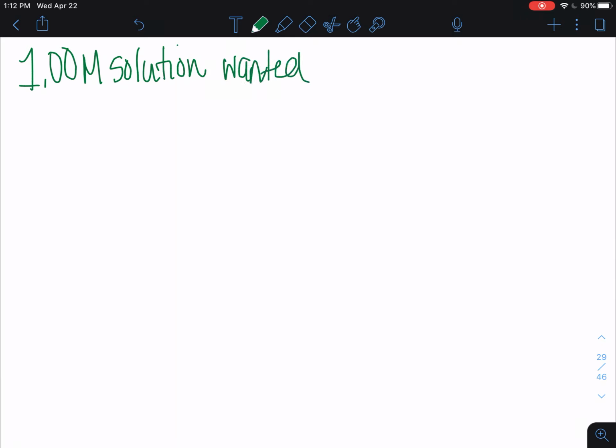So if you wanted to make a 1.00 molar solution of sodium chloride, but you only wanted to use 500 milliliters, you would have to sit back and say, okay, remember, you have to express 500 in terms of liters first of all, because we can use this as a conversion factor as well.